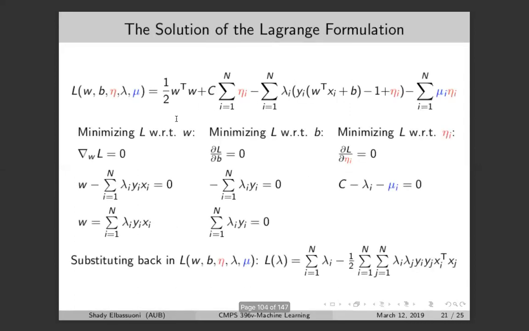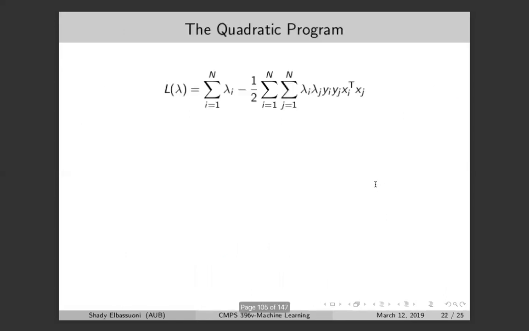From this equation, I have C minus mu I is equal to lambda I, and mu I is greater than or equal to 0. So in the maximum, lambda I would be, when mu I is equal to 0, equal to C. That's the maximum it can get. So the maximum value it can get is C.